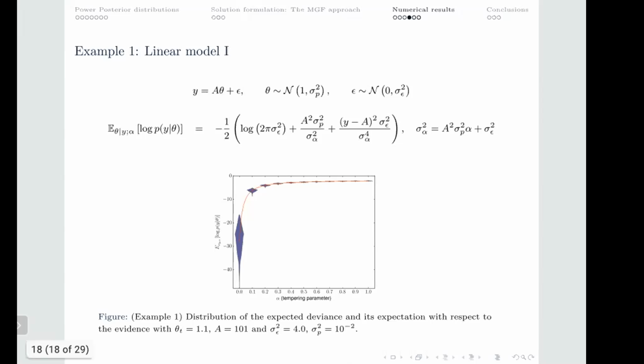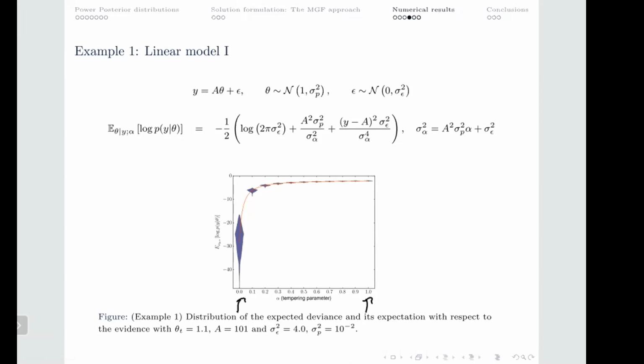The first example is very simple, a well-posed linear problem with Gaussian noise. We just wanted to see how the expected deviance behaves from the prior to the posterior. We can compute clearly the expected deviance in this case, and we see here how the uncertainty shrinks from the prior here to the posterior here.